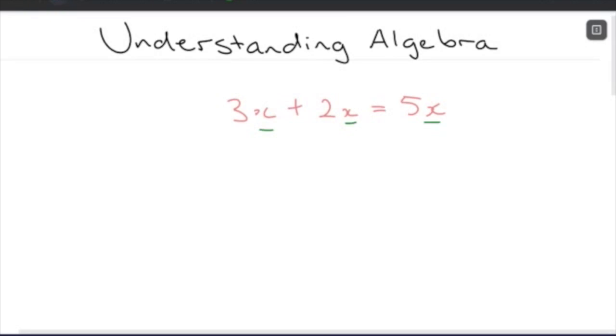And now, in algebraic notation, this is like saying 3 times x, or 3 lots of x, plus 2 lots of x equals 5 lots of x. So we are dealing with products here.